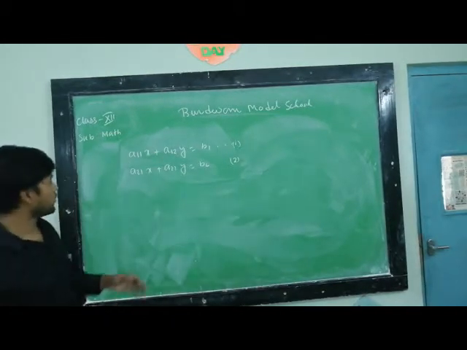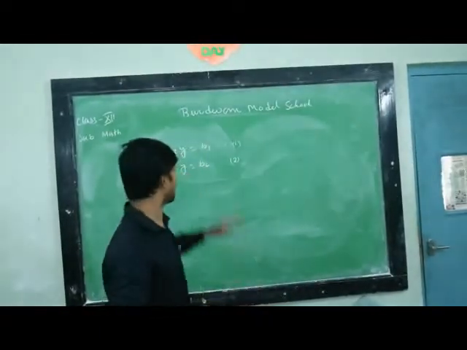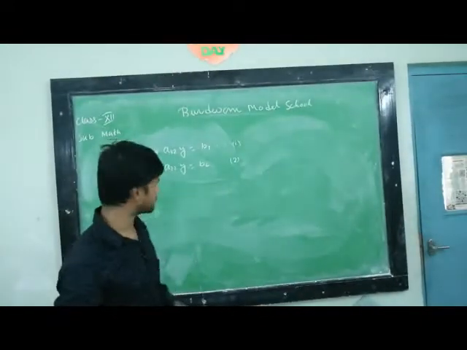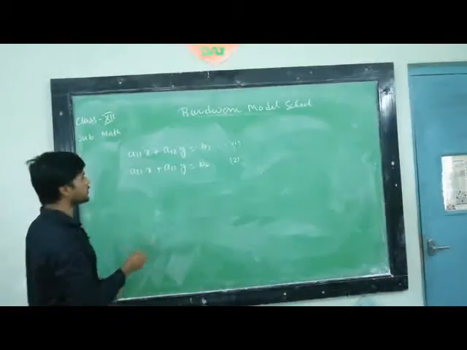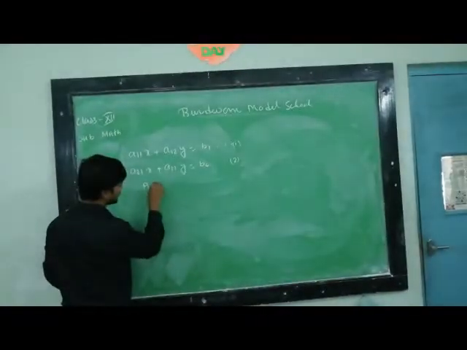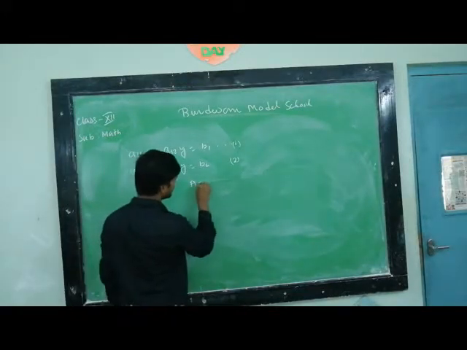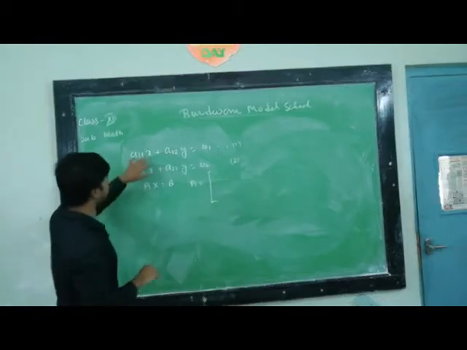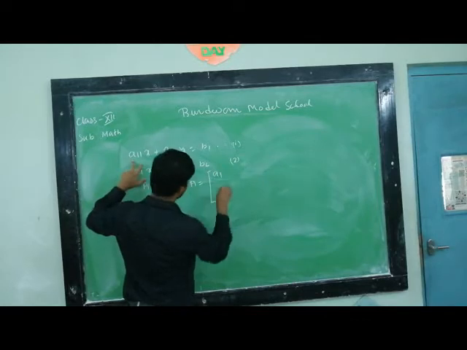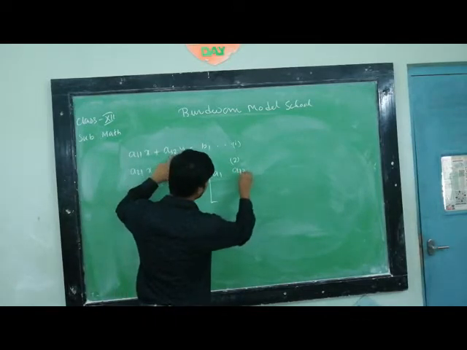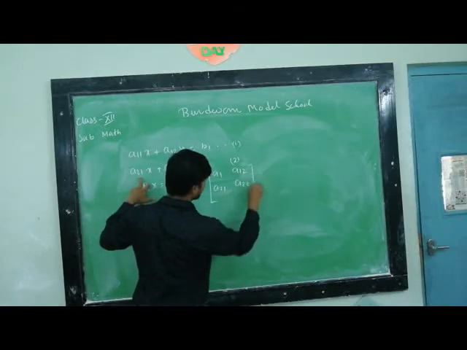Now we have to solve this equation by the matrix method. So how can we solve it? Look, this pair of linear equations can be written in the form AX = B, where A is the coefficient matrix, that means the coefficients of x and y. So the coefficient of x is a11, this is a12, a21, a22.